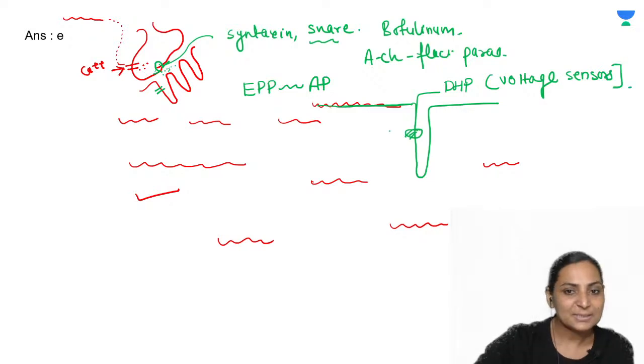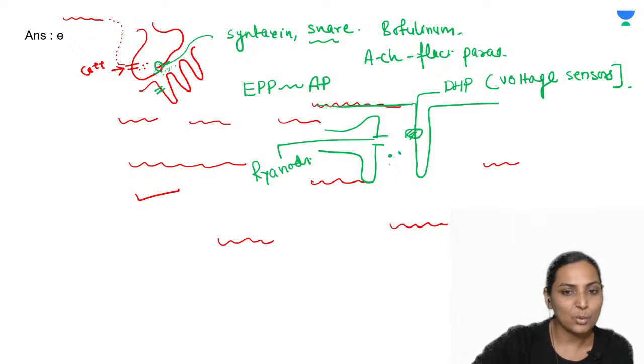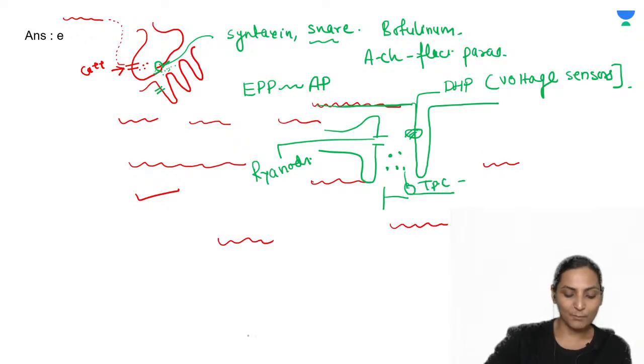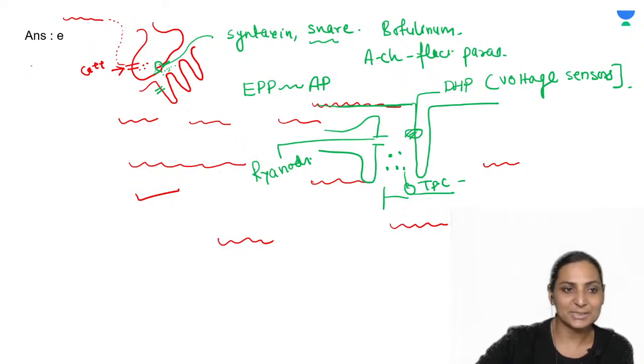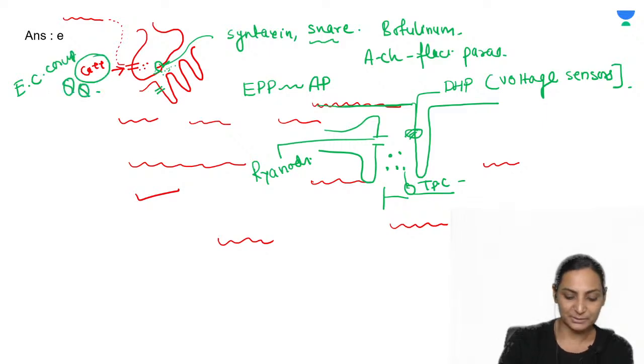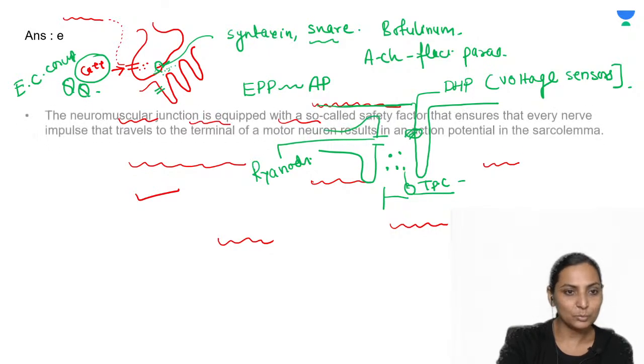Once these open, they cause a conformational change in the ryanodine receptors, and there is going to be release of abundant calcium, which then binds on troponin C. The troponin tropomyosin complex will be shifted, and you're going to get the actin myosin cross bridge. So this entire process is what we call the excitation contraction coupling, and the coupling agent is calcium, to be remembered, right? Moving next.